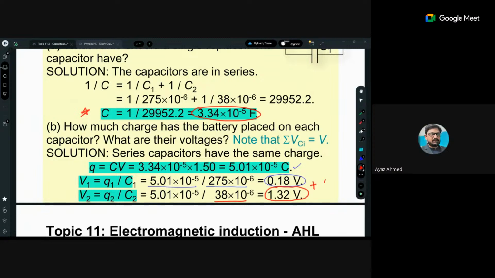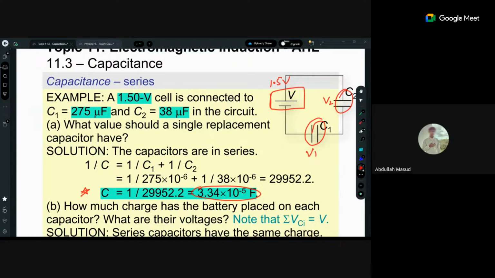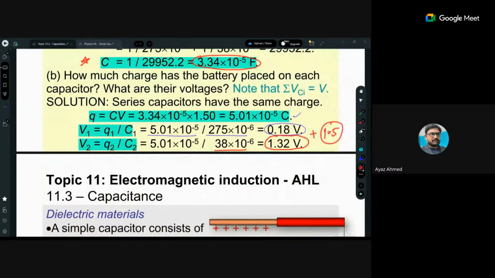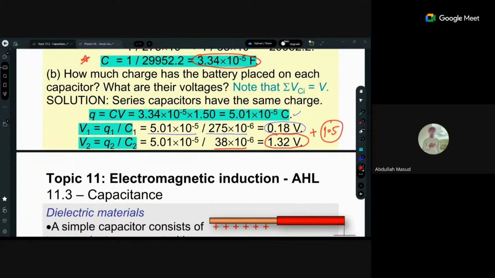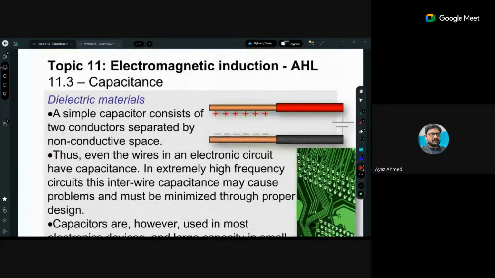Yes, you should get approximately 1.5, because according to the rule, in a series combination, the voltages across this one and across this one are equal to the voltage applied. So what is the applied voltage? 1.5. Yes, so we are getting almost 1.5. Is it clear to you? Yes, sir. Very good.